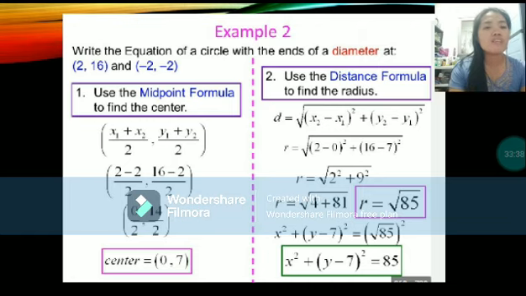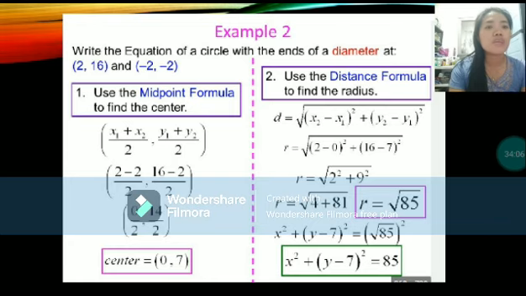So the distance is equal to the square root of the quantity x sub 2 minus x sub 1 squared plus y sub 2 minus y sub 1 quantity squared. The points given are (0, 7) and (2, 16). We need to label which is x sub 2 and x sub 1.